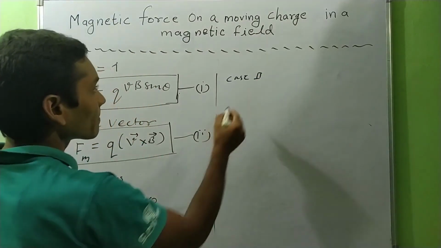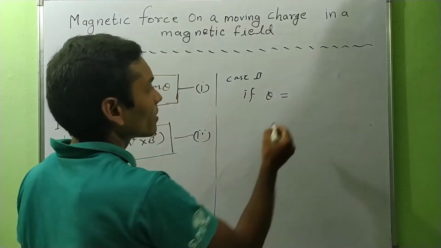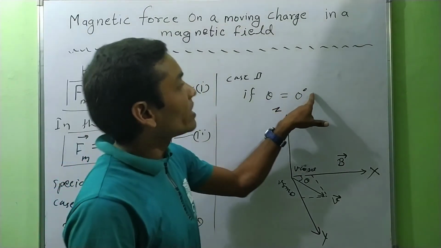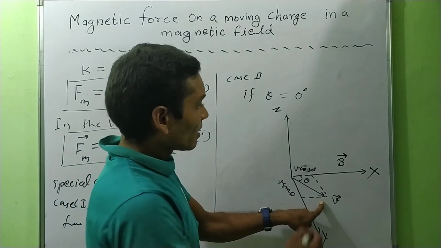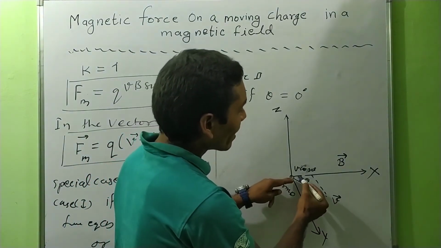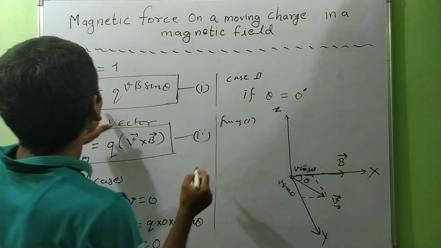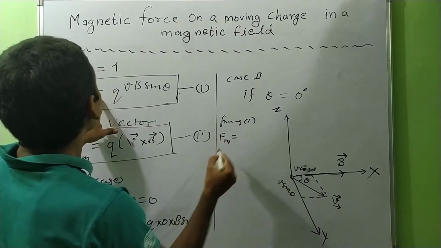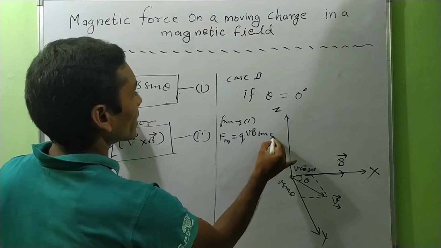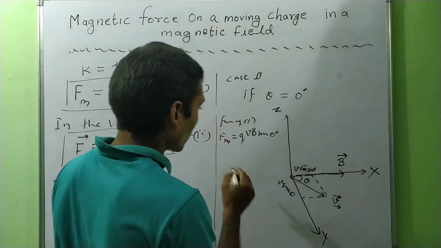Case number second: if theta equals 0 degree, it means the direction of motion of the charged particle will be along the direction of magnetic field. From equation first, Fm will be equal to qvB sin 0 degree. The value of sin 0 degree is equal to 0.